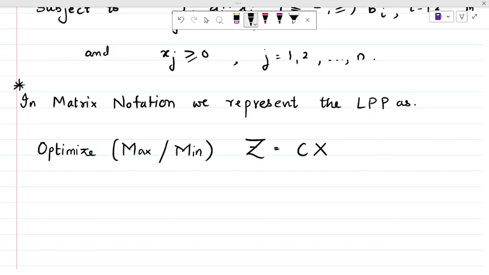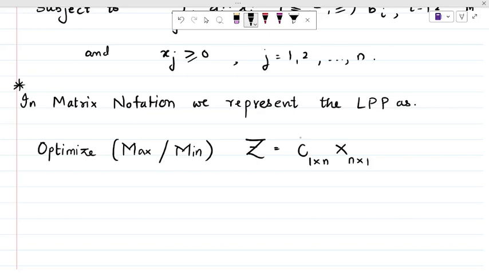Now how is C represented? It is a small c, but it is a vector. It's a 1 cross n vector, and x is an n cross 1 vector.